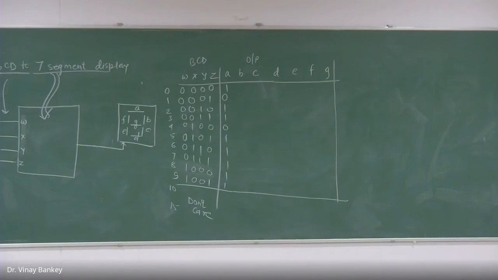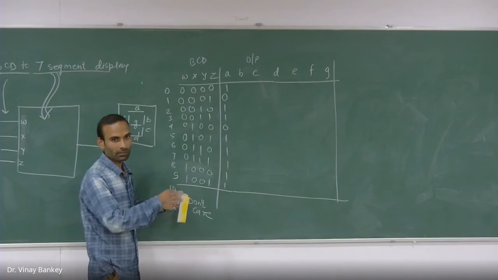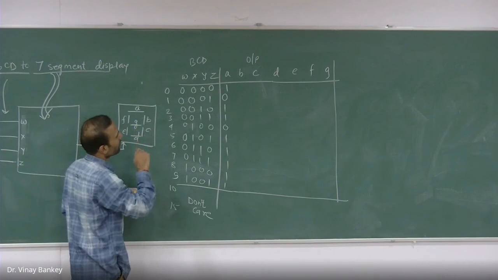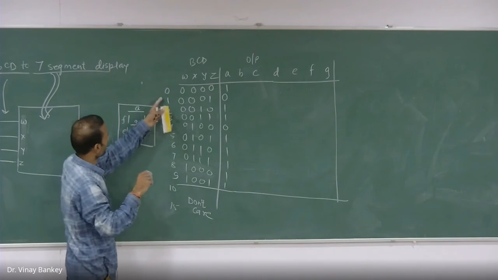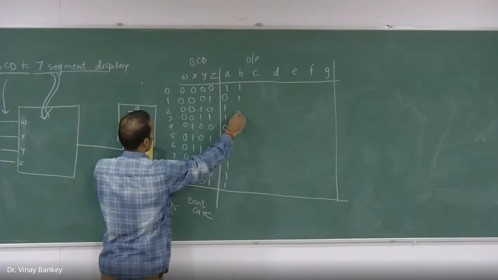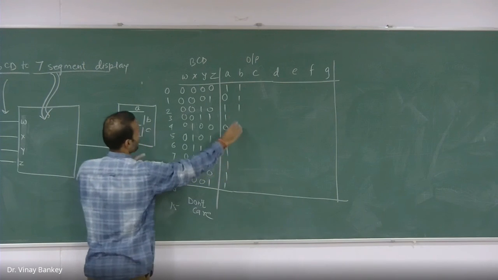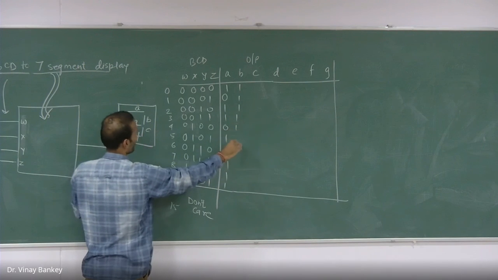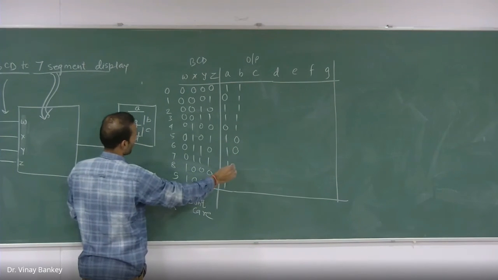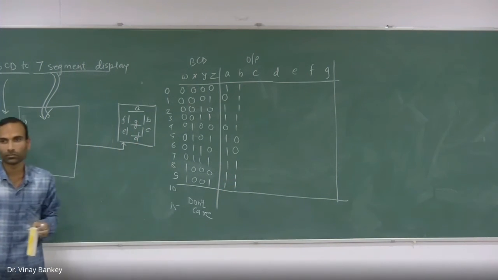Okay. Please stop me if I make a mistake here, because otherwise the problem will be in the K-map. B will be lighting up for what combination? For B, here you have 0, 1, 2, 3, 4, 6, 7, 8, and 9. Correct.